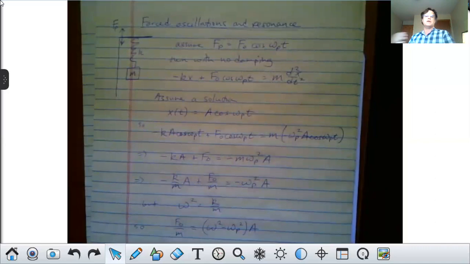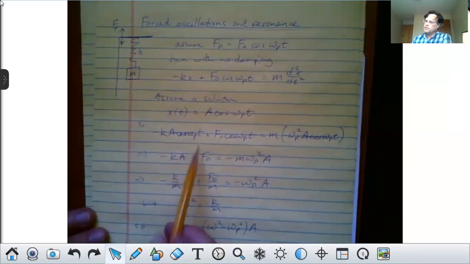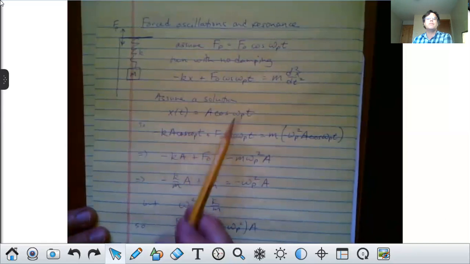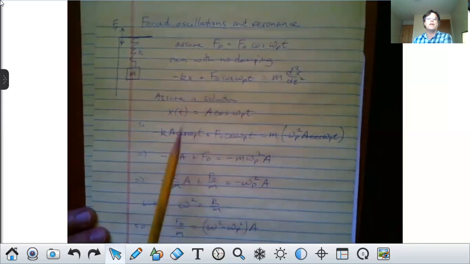Now here's another approximation that we can get a solution for. I'm going to assume that the solution ends up being the same frequency as the push. Now, you can have different kinds of motion, but this is one particular solution. Turns out you'll always get this particular behavior that we're going to see. So what I would do is assume this solution, plug it into Newton's second law, and I get this.